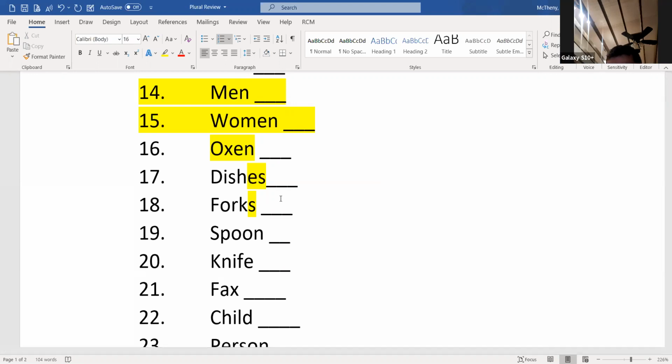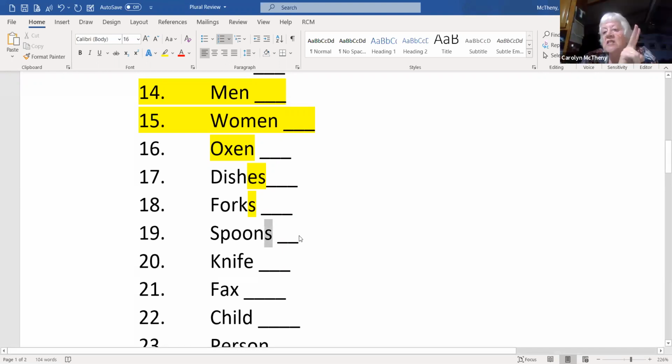No, just an S on the end. Go ahead, Lydia, and put the S in. You have one spoon or you have two spoons? One spoon, two spoons. Okay. Just an S on the end.